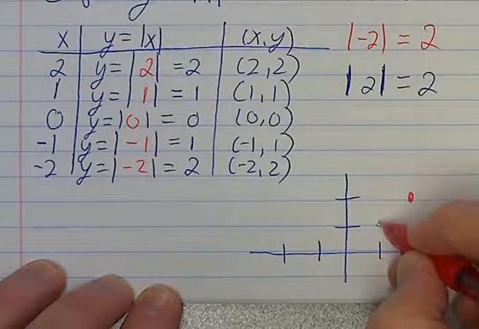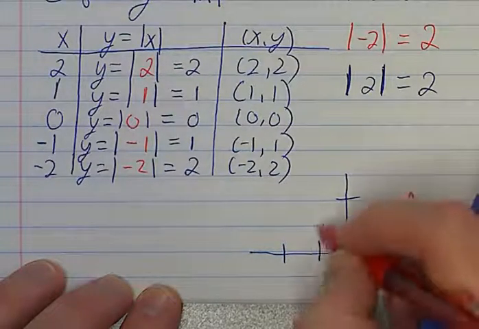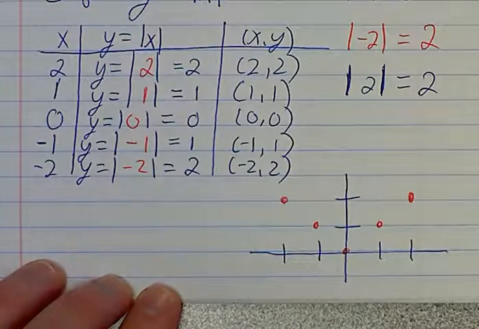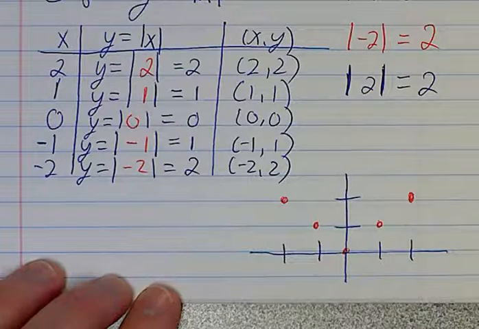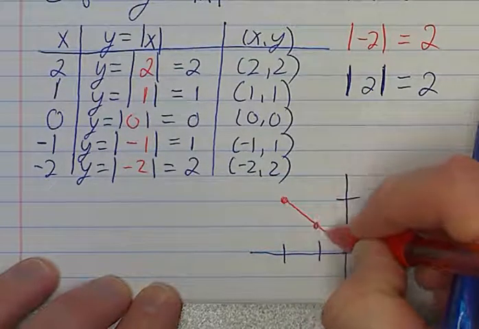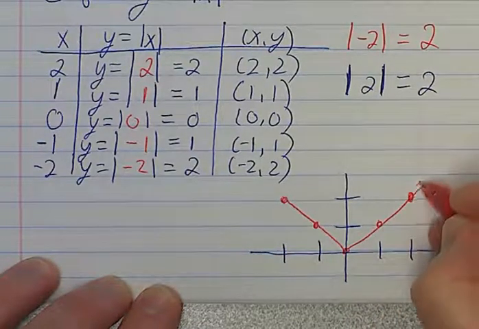Next point was at 1, 1, 0, 0. We got lines that look something like that. Okay, and for the absolute value, all we're going to do is connect the dots. They look something like that.